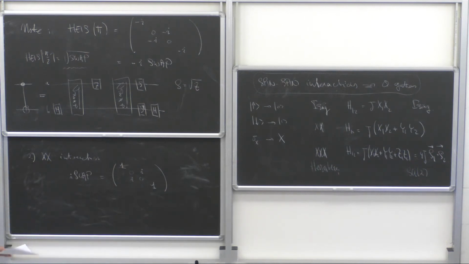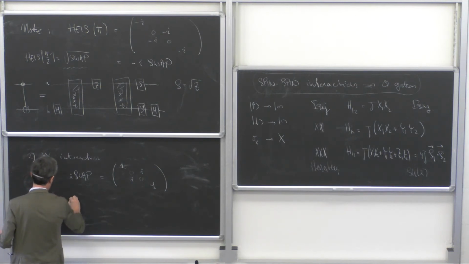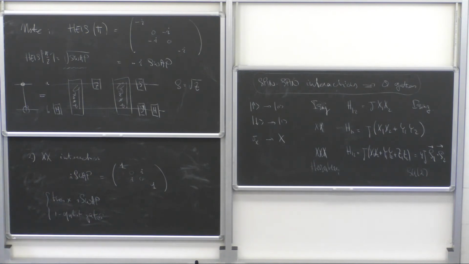Now you get to play the same game. Can I use an iSWAP and 1 qubit gates to make a CNOT? The answer is you can't. But what you can do is actually build a circuit a bit like this, where you use 2 times the iSWAP, and you use 1 qubit gates. And then you can actually make a CNOT. So it can be done.